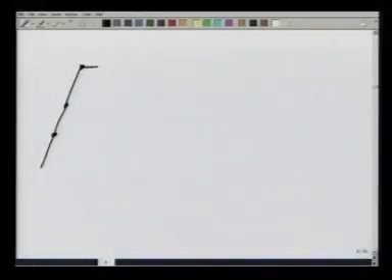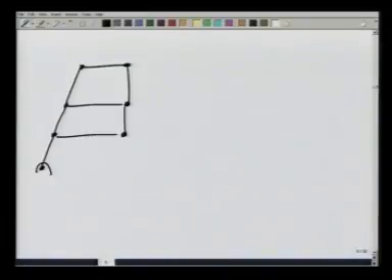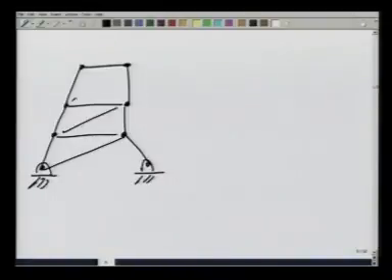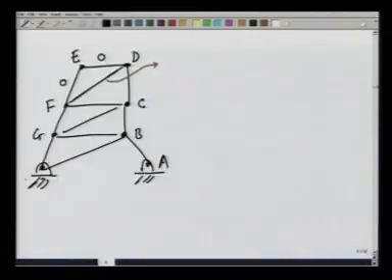This is the truss. We found this force to be 0, this force to be 0. We found this force, let me put it in red. Let me just write this first, A, B, C, D, E, F, G, H. So, we found this force FD to be 23 newtons.